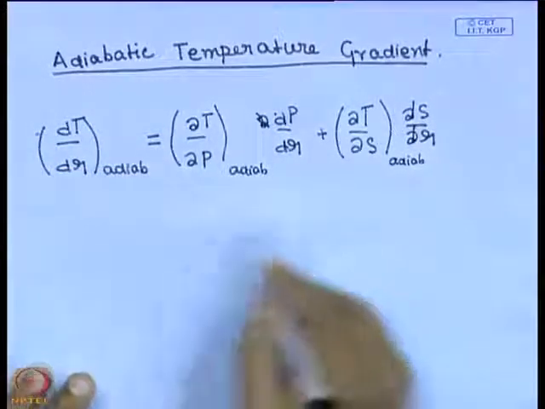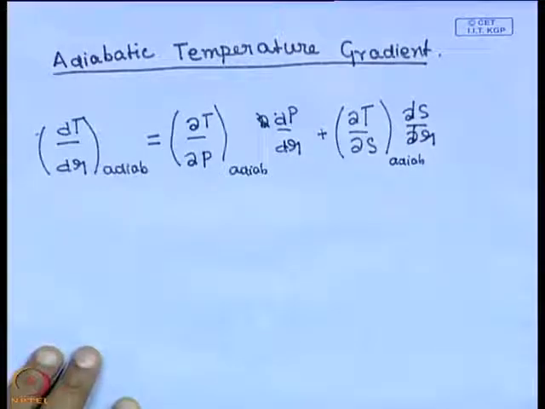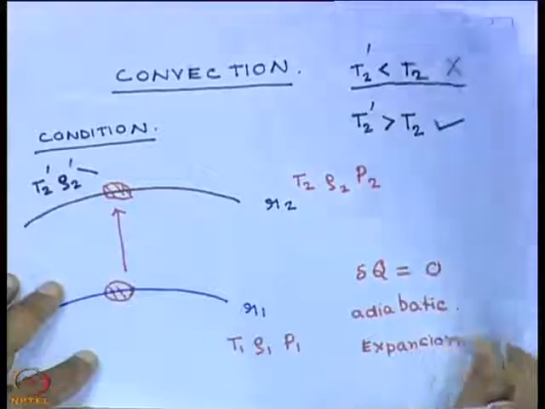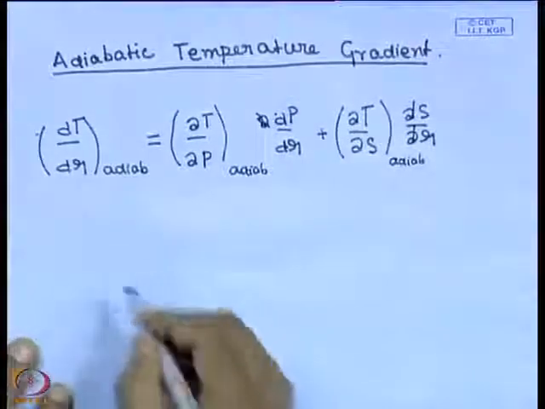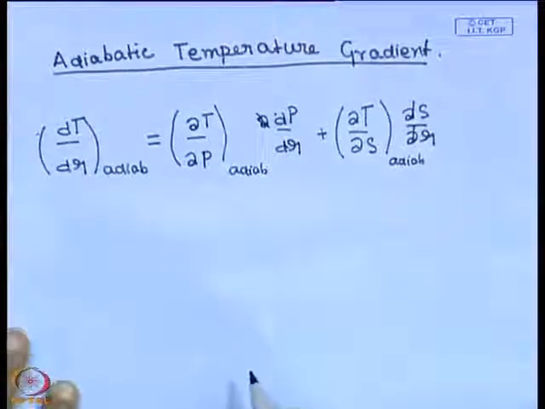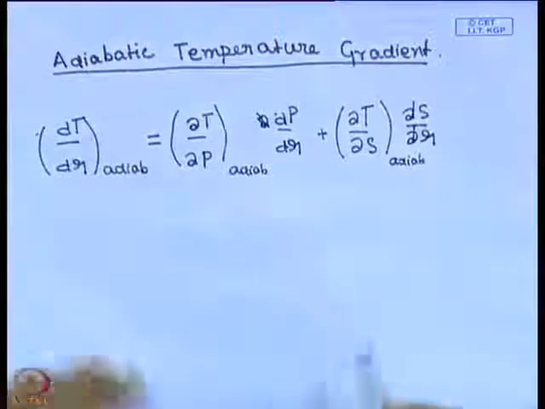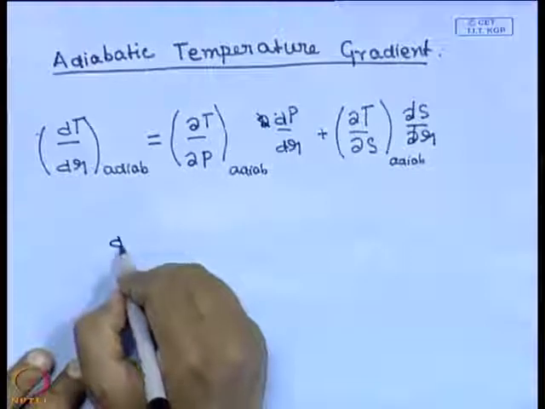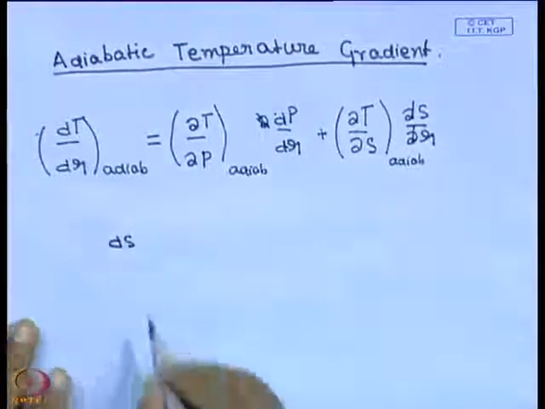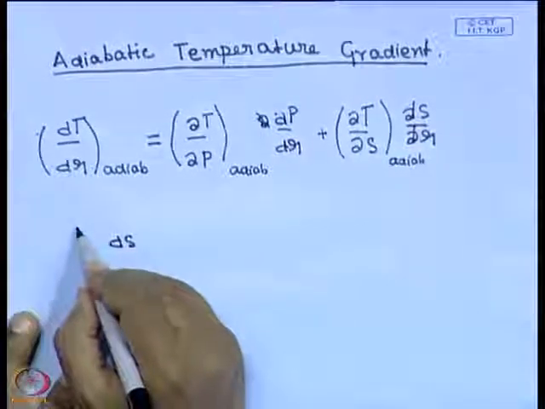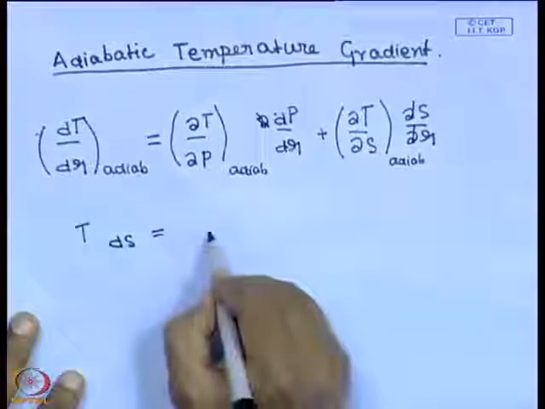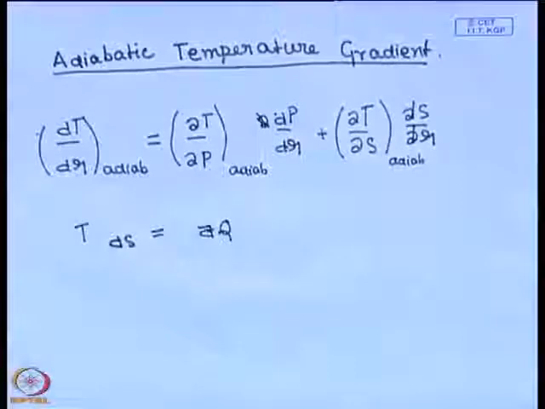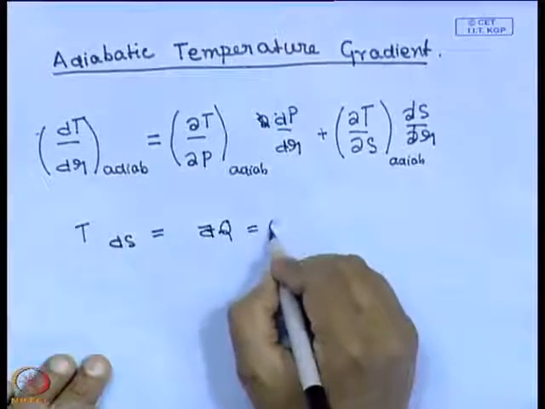Now if you have adiabatic expansion of this volume of gas, then the heat exchange is 0, and we know that the entropy change dS into T, the temperature, gives us the heat exchanged, and this is 0 in an adiabatic process.